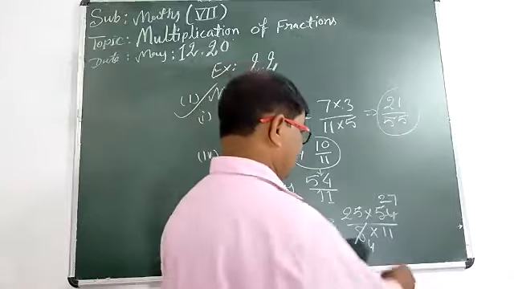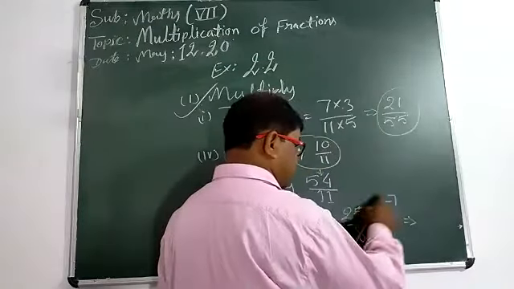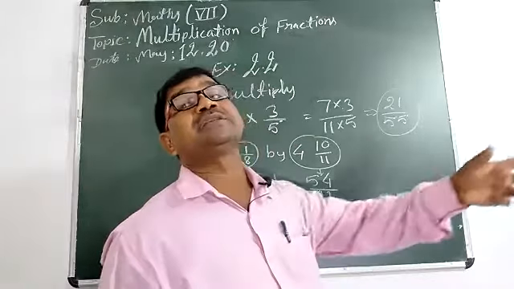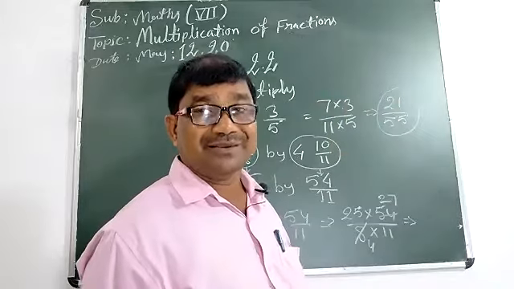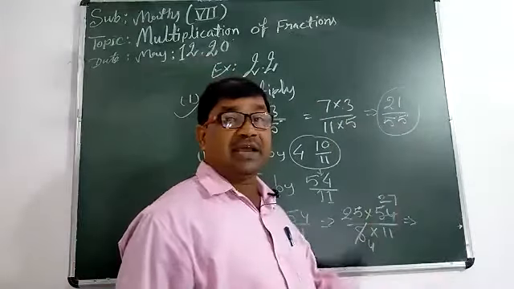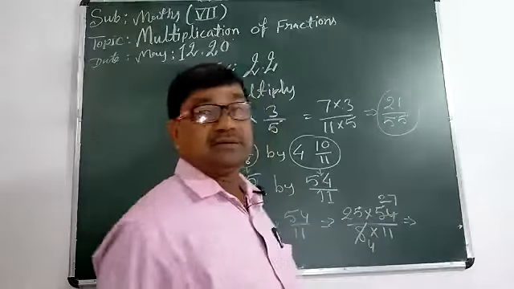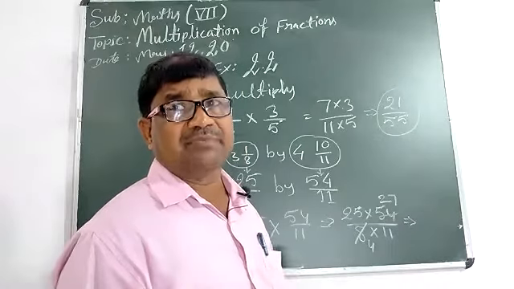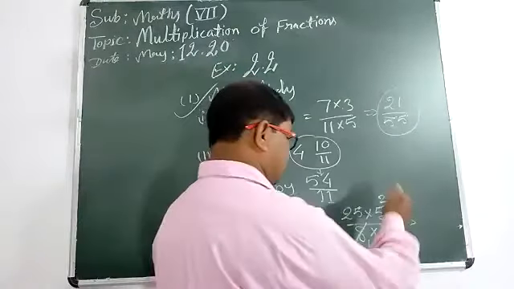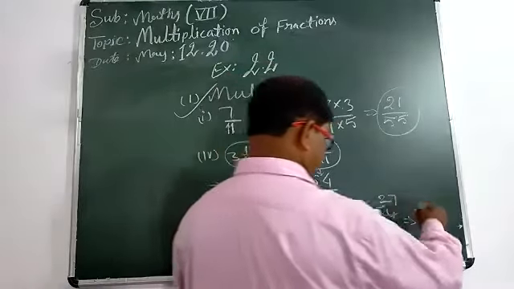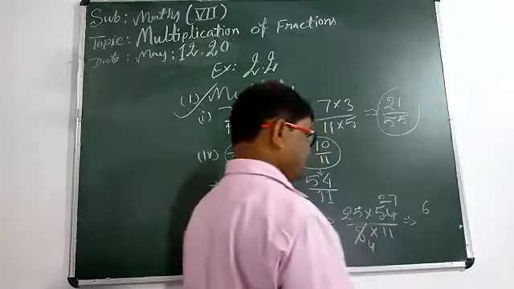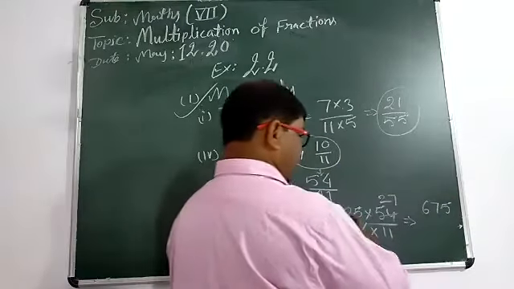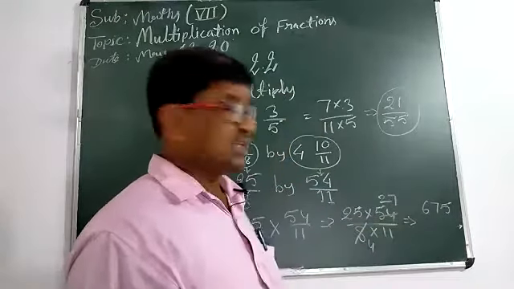Not at all now. Now we should multiply numerator to numerator. 25 multiply 27. It means 675. Okay, you can multiply yourself also. 25 multiply 27 equal to 675.